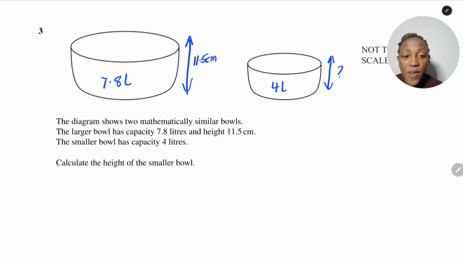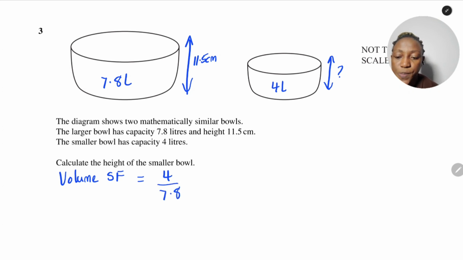So whatever scale factor we derive from these two corresponding values is going to give us a volume scale factor. Okay, so the volume scale factor is 4 divided by 7.8.